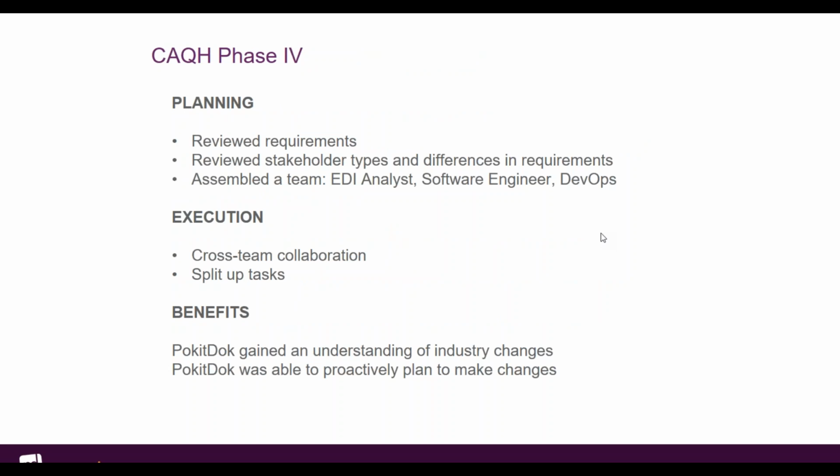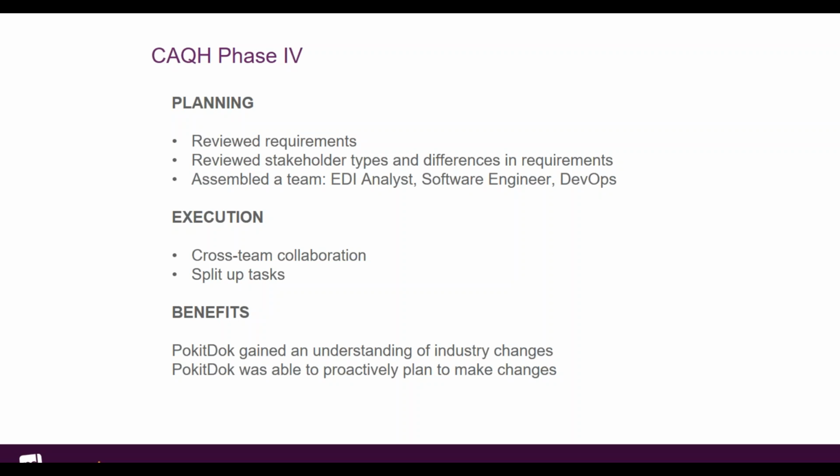Next slide, please. Thank you. So part of our planning for Phase 4, as with the other phases, required reviewing the requirements, understanding and reviewing the stakeholder types and differences in the requirements, and assembling a great team. We had an EDI analyst, software engineer, and DevOps to understand the impact and coordinate those efforts.